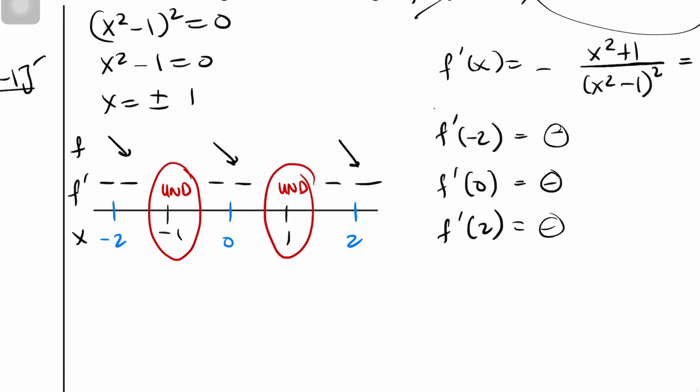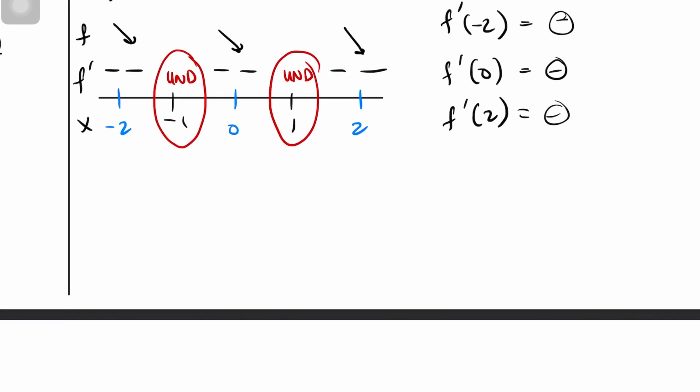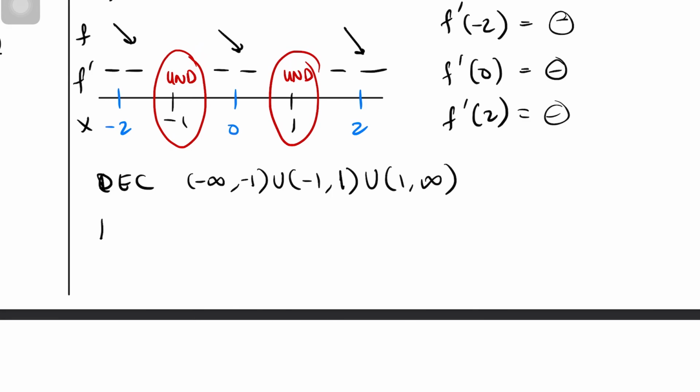So the function is decreasing from negative infinity all the way to negative 1, from negative 1 to 1, and from 1 to positive infinity. And then increasing does not exist. There you go.